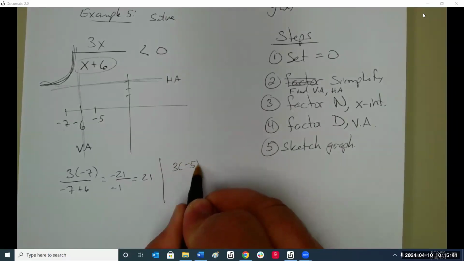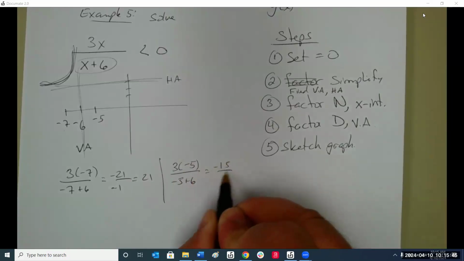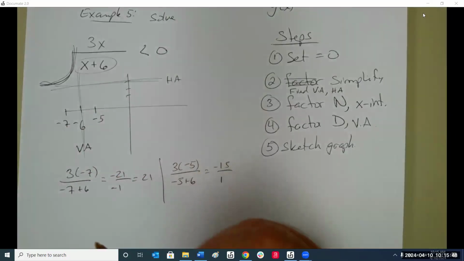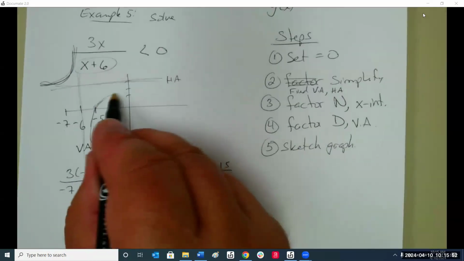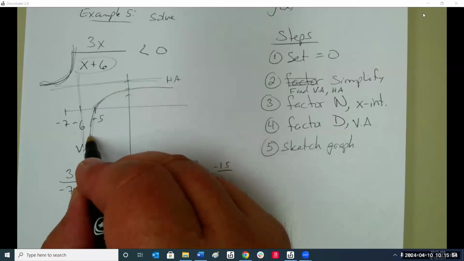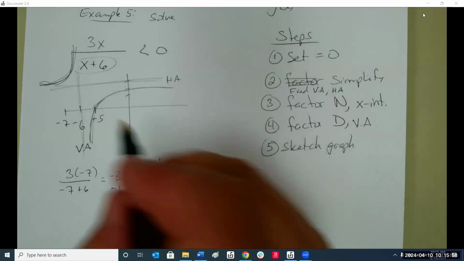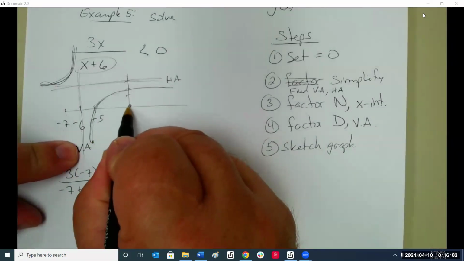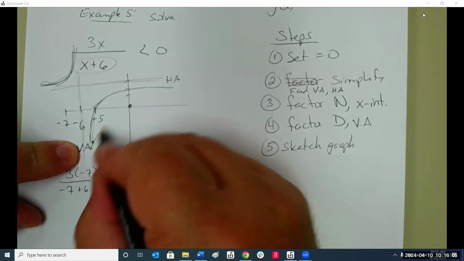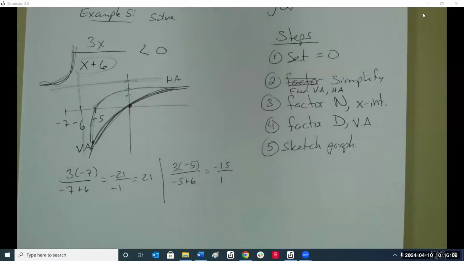Three times -5 over -5 plus 6. So I'm sorry, at -5, it's -15. At 0, it's 0. So our graph looks like this.